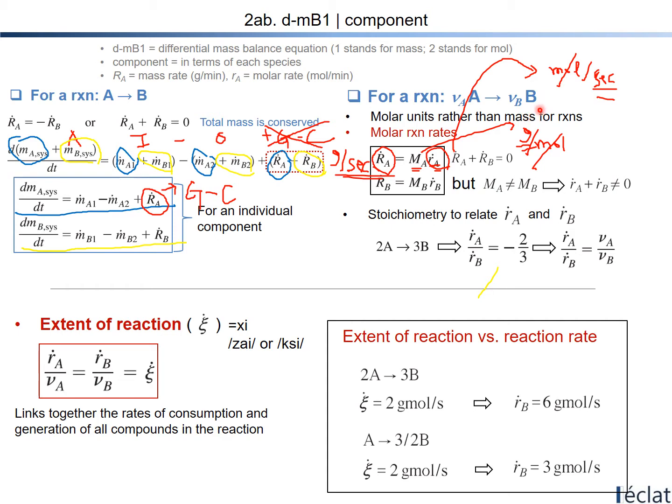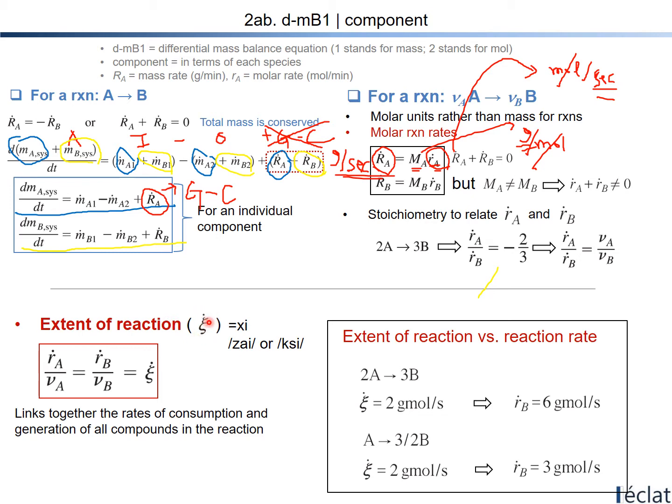However, I'd like to represent this single reaction by using a single parameter. The single parameter to describe the single reaction is the extent of reaction, symbolized by xi.